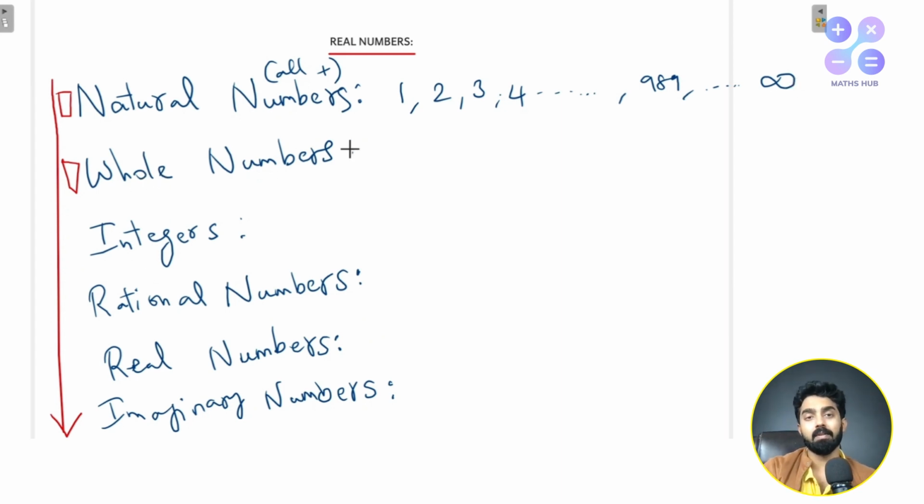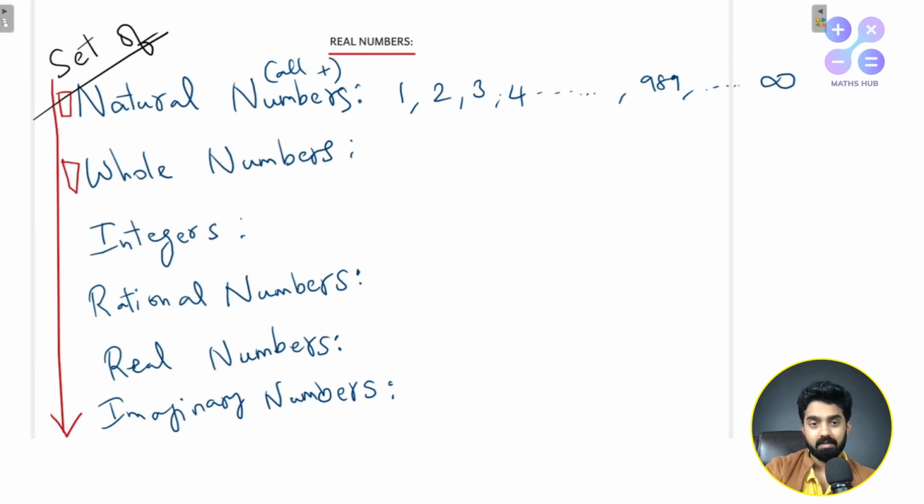Now, whole numbers is just one number more than this bucket, or in mathematics we call it a set, right? Each of these is known as a set. This is the set of natural numbers, the set of whole numbers, the set of integers. Each set has a lot of numbers in it, but each set is bigger.